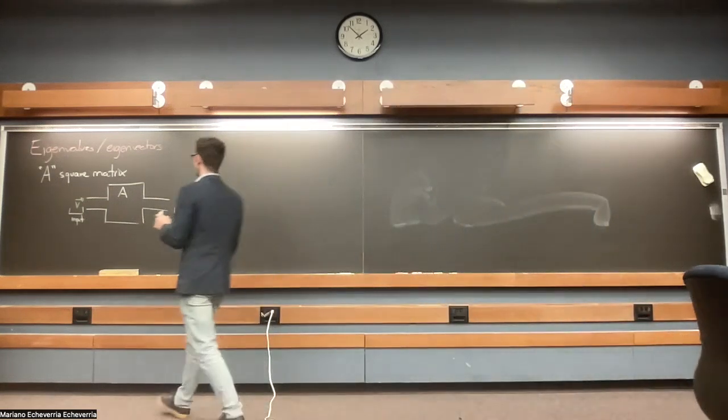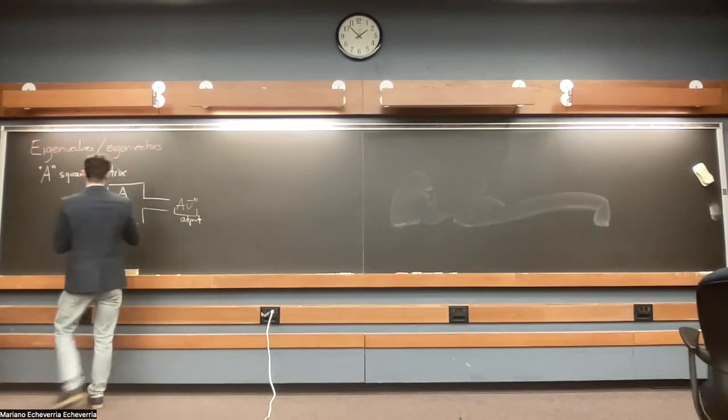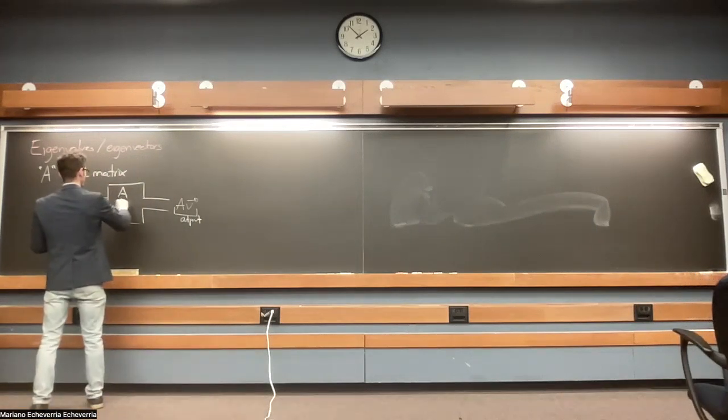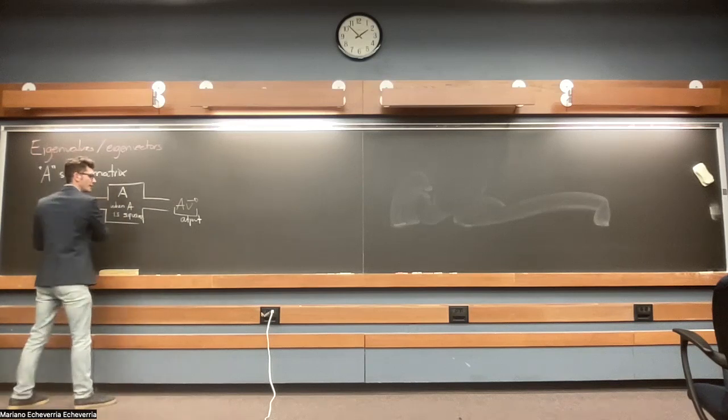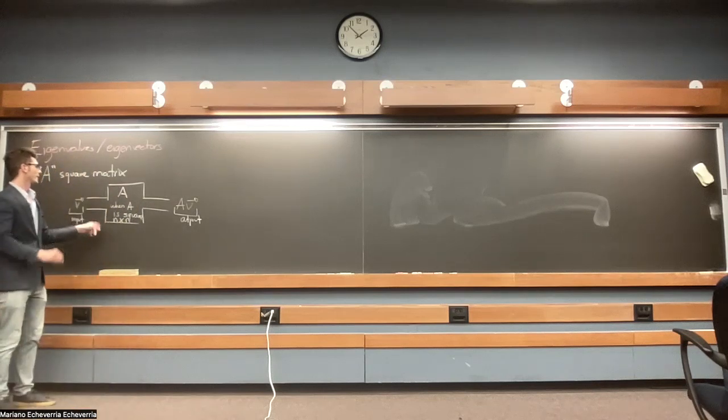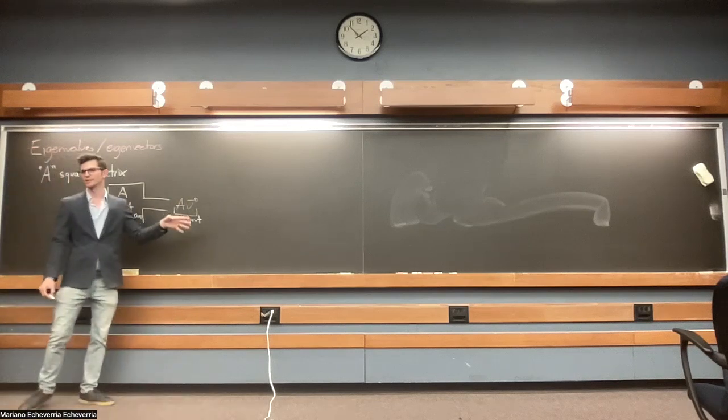The thing is that when A is a square matrix, let's say an n by n matrix, both the input and the output have the same number of entries.